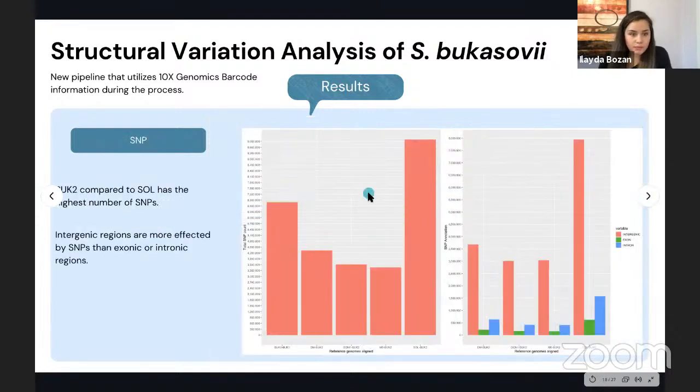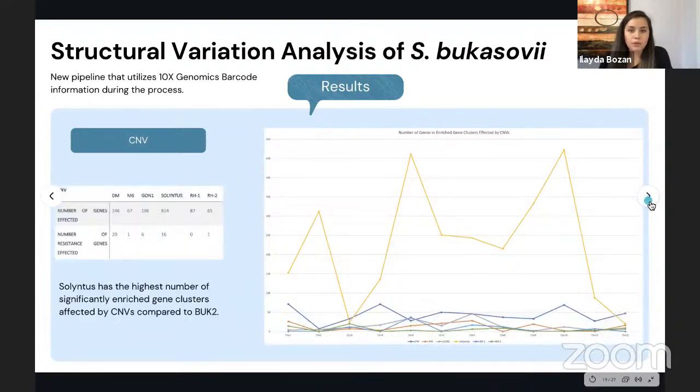When we look at the SNP results, Solentus has the highest SNPs compared to bukasovii 2, and intergenic SNPs are higher than exon or intron SNPs. And when we look at the CNV results, Solentus again has the highest number of CNVs compared to bukasovii 2, and then DM and Goniocalyx 1.